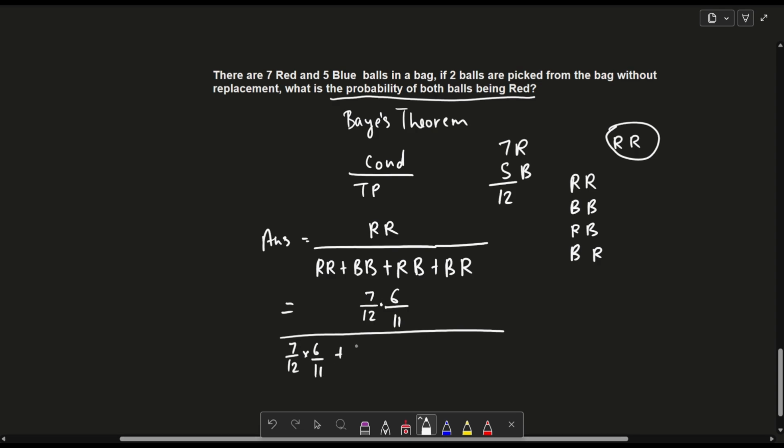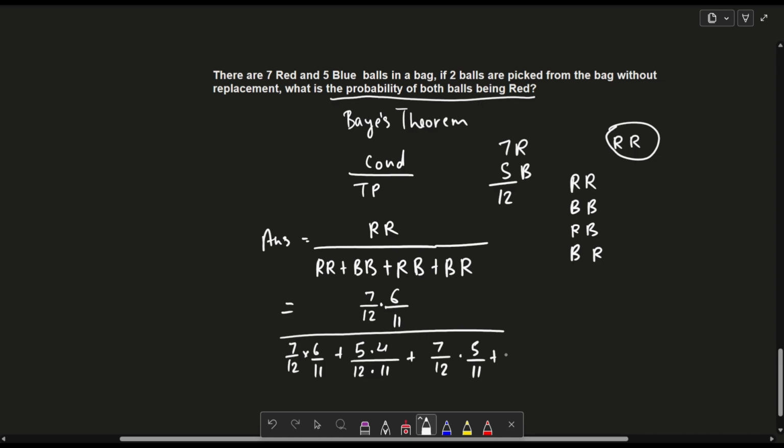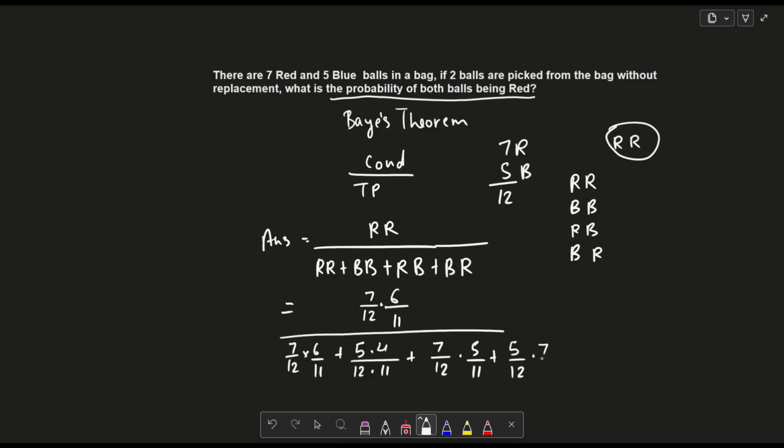Plus probability of getting both blue, which is 5 by 12 into 4 by 11, plus first red, 7 by 12, and second blue, 5 by 11, right? Plus 5 by 12 for first blue into getting second red, 7 by 11.